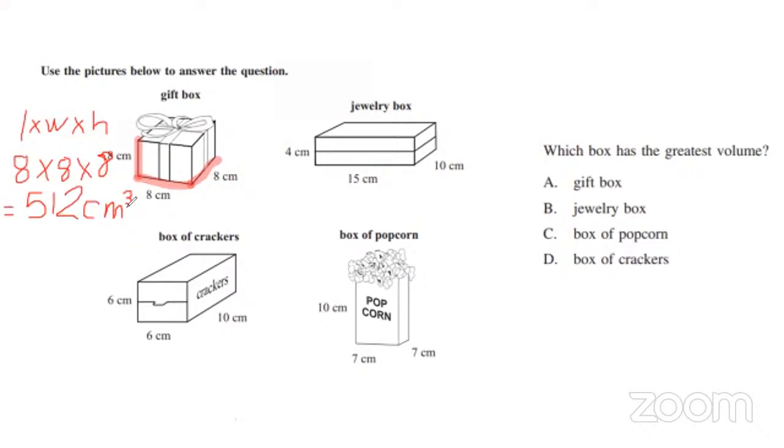All right, so I'm seeing some calculations coming in for the jewelry box. All right, awesome. So I'm seeing where we're multiplying 15 centimeters by the 4 centimeters by 10 centimeters. And that gave us a volume of 600 cubic centimeters.